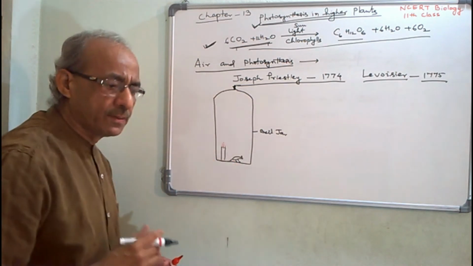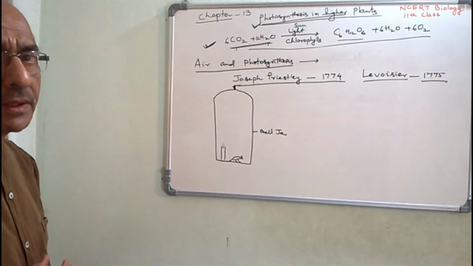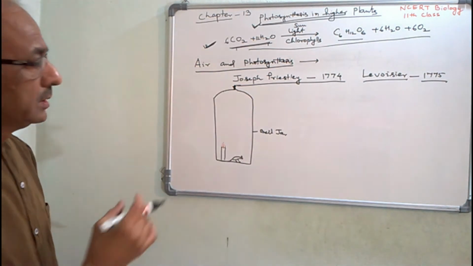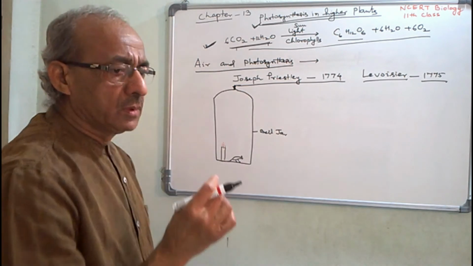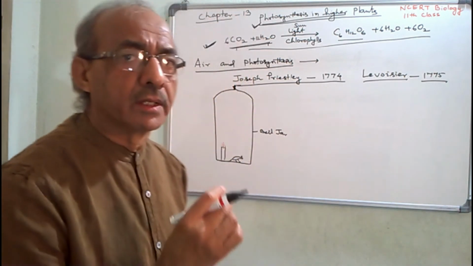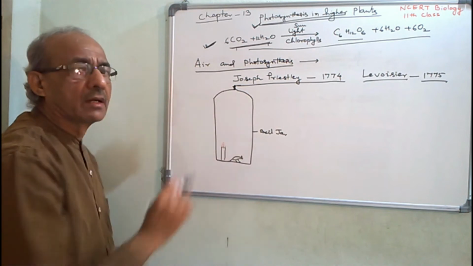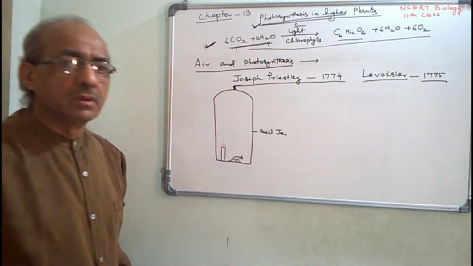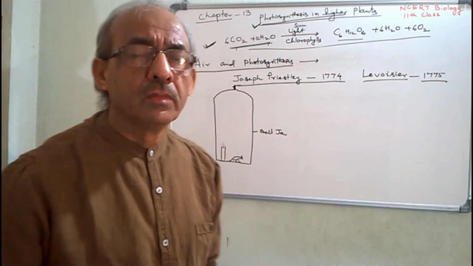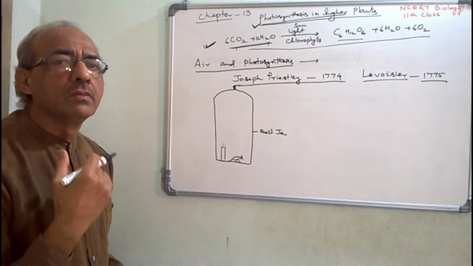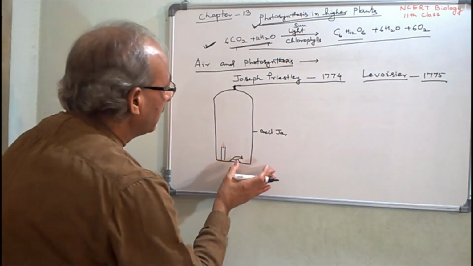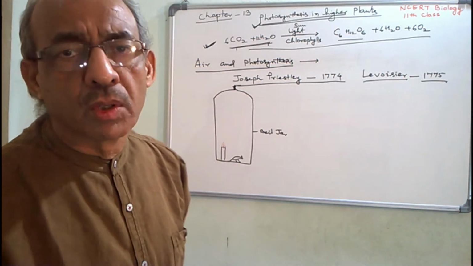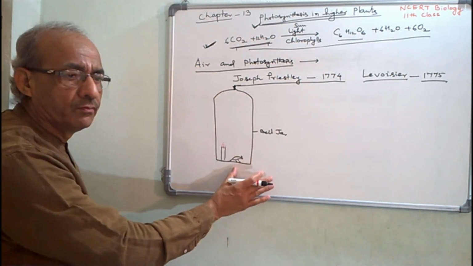On the basis of this experiment, he concluded that there is a certain constituent in the air inside the bell jar which was required for the candle to continue burning, and was also helpful for the survival of the mouse.